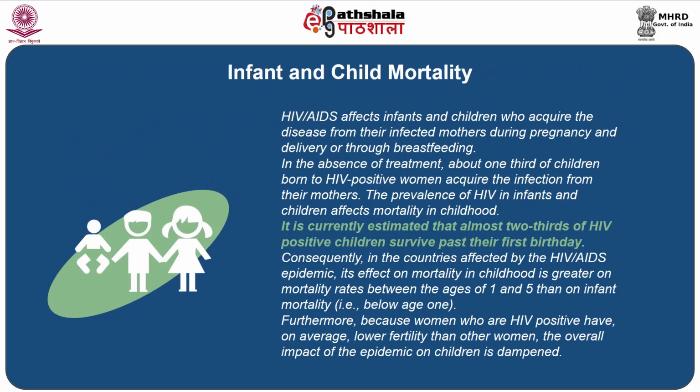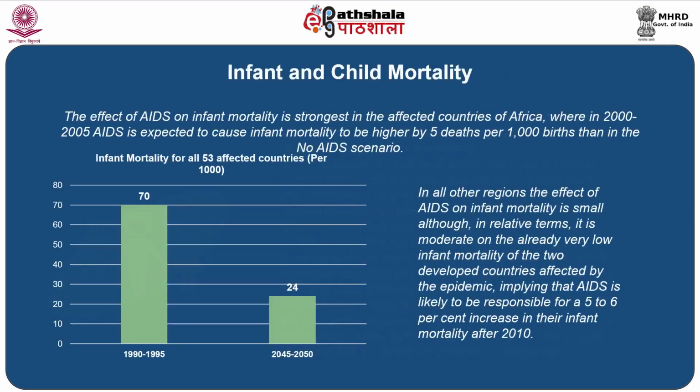Furthermore, because women who are HIV positive have on average lower fertility than other women, the overall impact of the epidemic on children is dampened. Thus, even taking into account the effect of AIDS, infant mortality in all the affected countries declined from 70 deaths per 1,000 births in 1990 to 24 deaths per 1,000 births in 2045 to 2050 based on the projections.